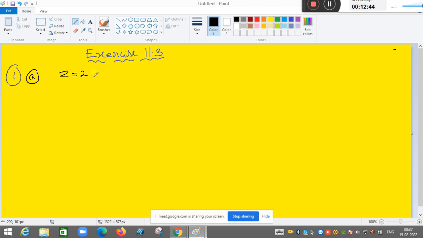So here we have to find the direction cosines of the plane and the distance from the origin to the plane. These we have to find.